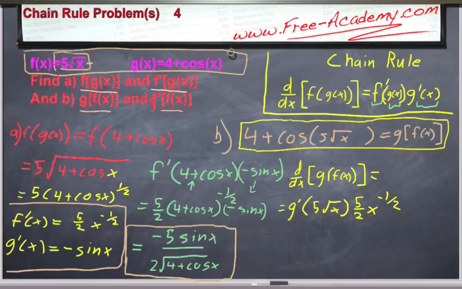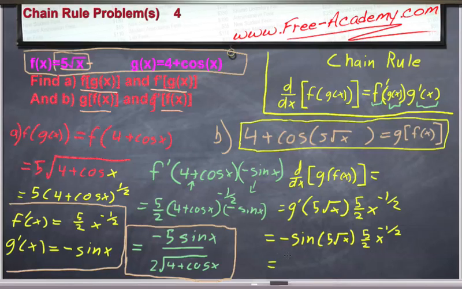Now this is equal to g prime, which is negative sine, and then we put 5 root x in for x, and then we multiply this by the derivative of f, just as it states in our formula.